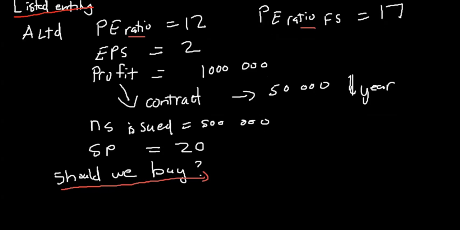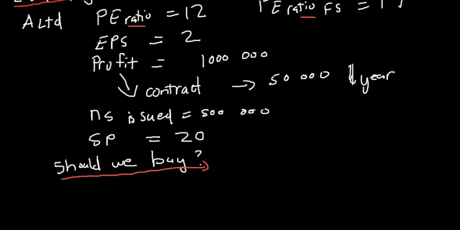Now, I need to understand what the value of A Limited is, and I then need to compare it to the share price. That value, if it's higher than the share price, will ultimately tell me that this company is worth buying. However, if it's less, it will be an indicator that it's not worth buying. So now, how do you go about determining the value of A Limited?